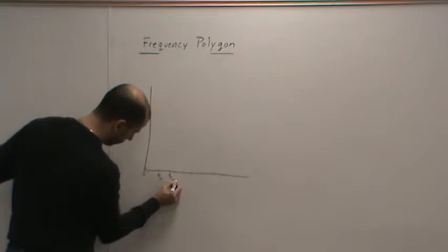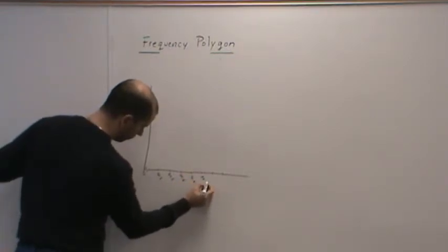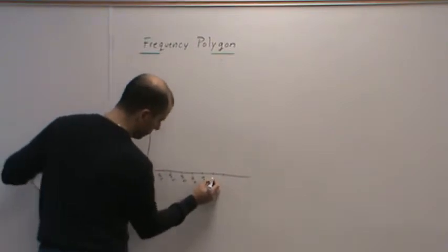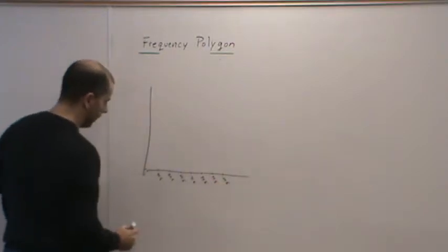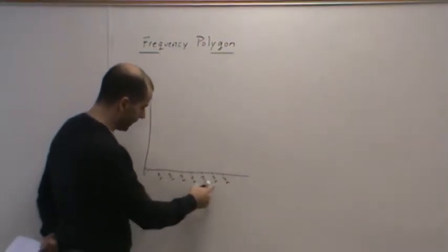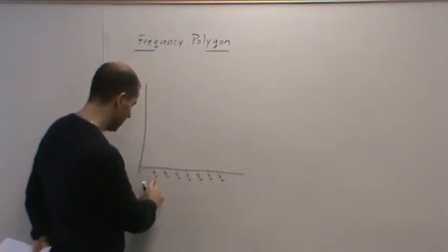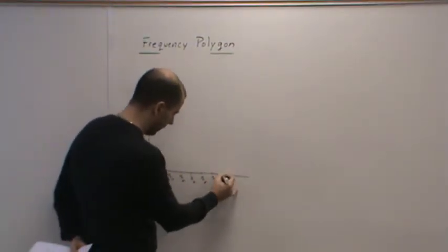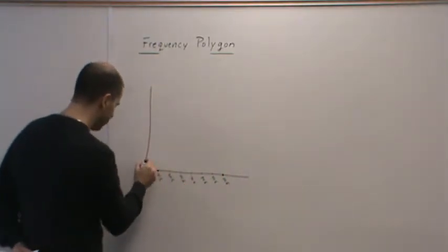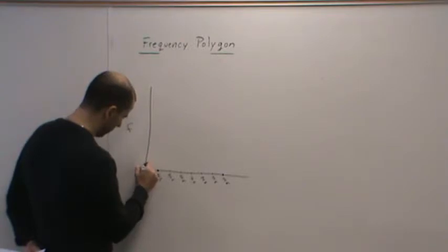And then 54.5, 64.5, 74.5, 84.5, 94.5, and 104.5. Now, what's the frequency of these two outside classes that we added? 0. So we're just going to put a dot here at 0 and a dot here at 0 because the height is 0, right? So this is going to be frequencies. Remember, frequencies over here.